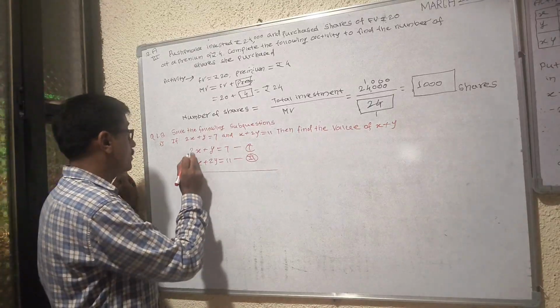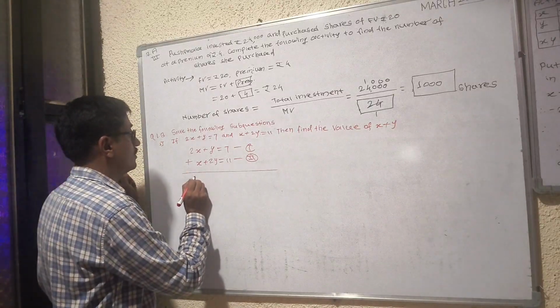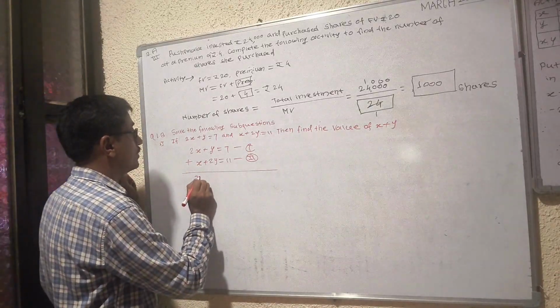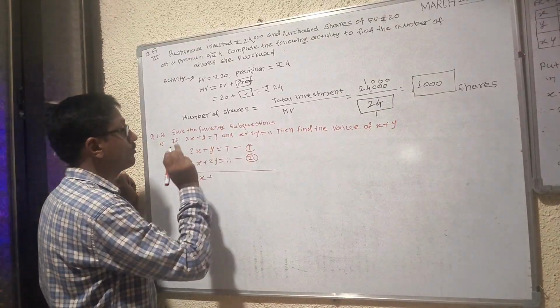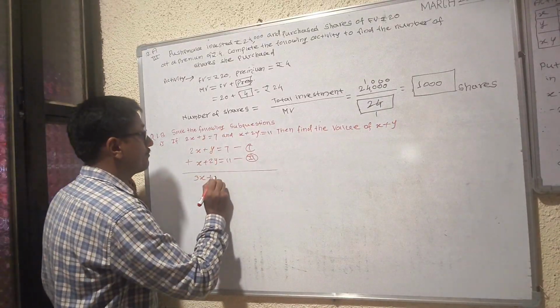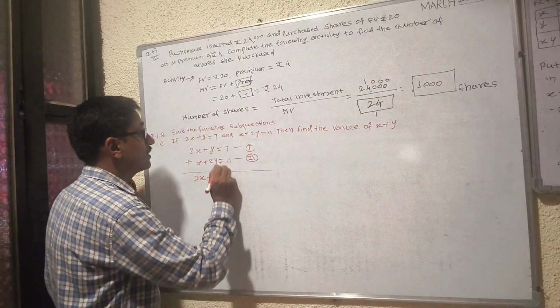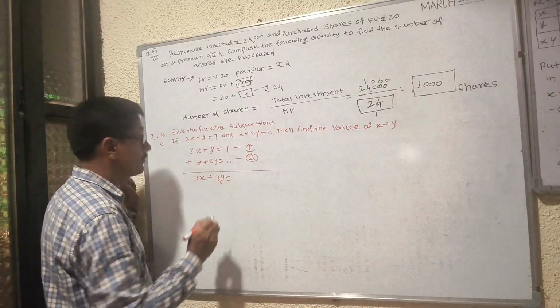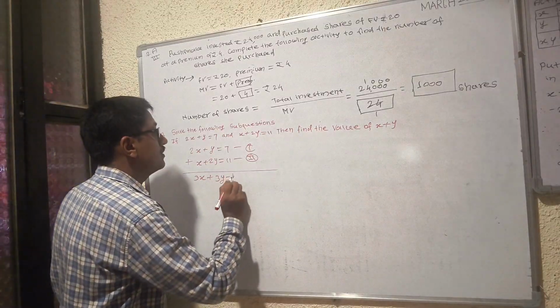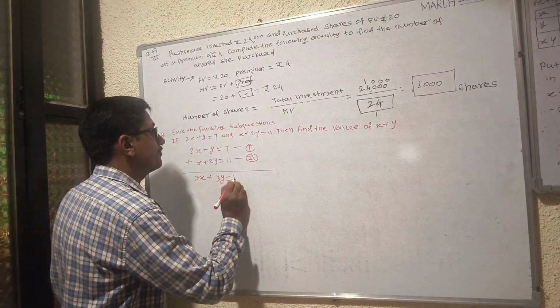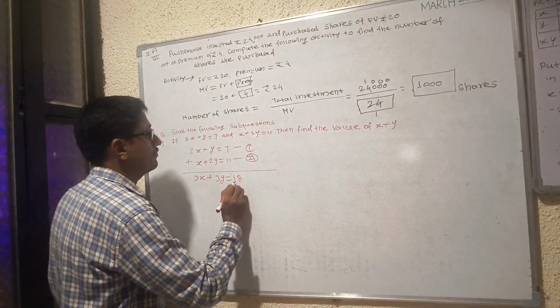Here 2x plus 1x, 2 plus 1 is 3x. As it is, 2y plus 1y, 2 plus 1 is 3y, equal to 11 plus 7, 18.